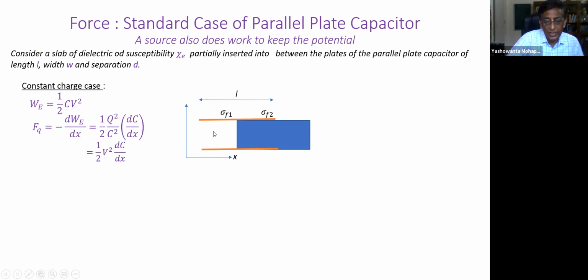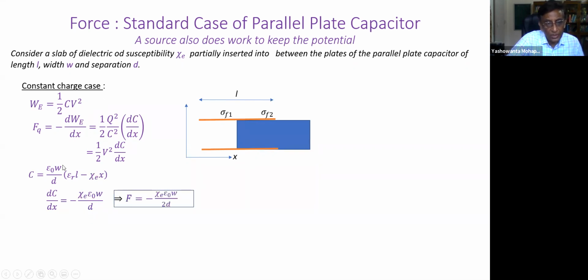Now calculate C as a combination of the air capacitor and the dielectric capacitor, which is easy. So epsilon naught W over d times the full capacitor length L, plus chi e x, where x is this amount and L is the full length. It would be epsilon r L if everything were slab dielectric, but it is not, and hence the capacitance is this. From here I can calculate dC by dx, and that is chi e epsilon naught W over d.